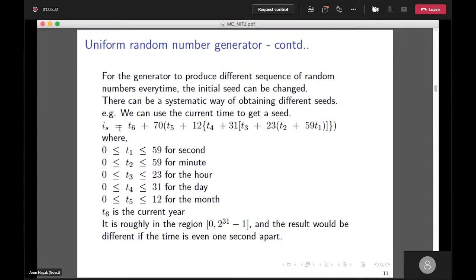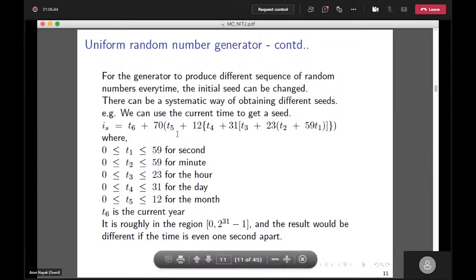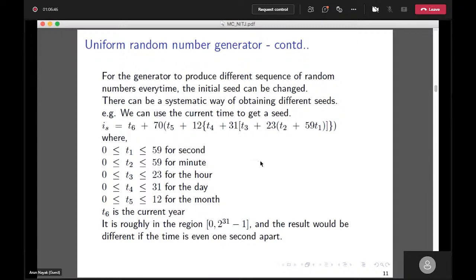For example, here one uses the current time to get the seed. In that case, you write your seed taking into account the current time. These numbers define your time at the moment, and then every time you run the sequence, you get a different set of random numbers.